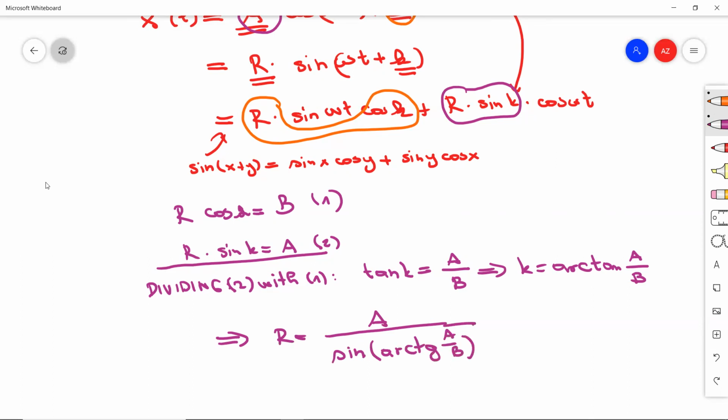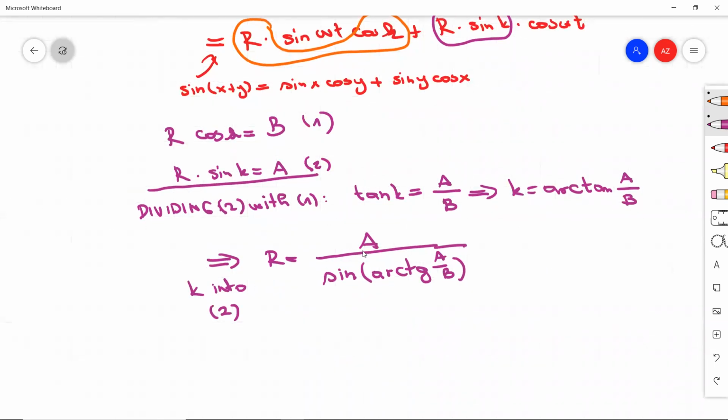I just plugged in k into the second equation and expressed r. But there is one easier way to obtain r. From here, it's not seen what r is. I mean, r is what's written on the right-hand side, but this right-hand side can be simplified a lot.